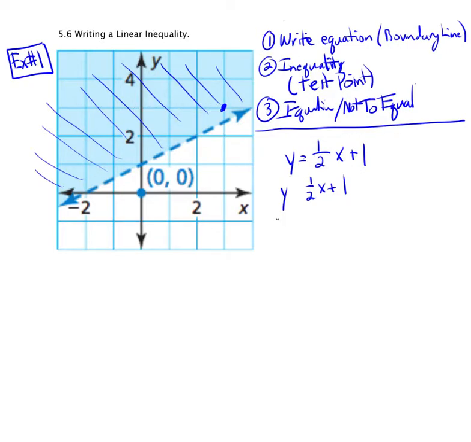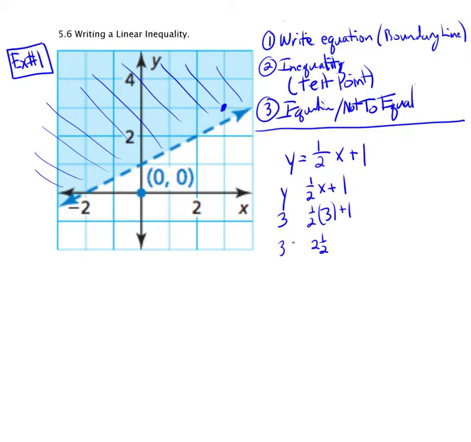And so I can just substitute 3 and 3 in for x and y. I'll substitute those in, and that would be 3, 1.5 plus 1, which is 2.5. So now I think about, what inequality would make this true?